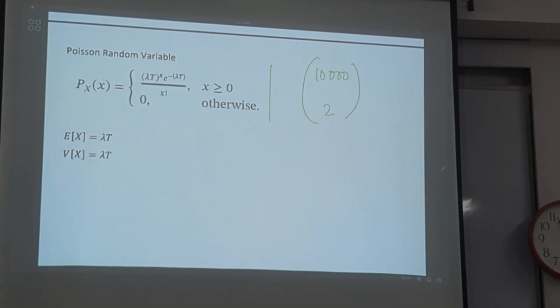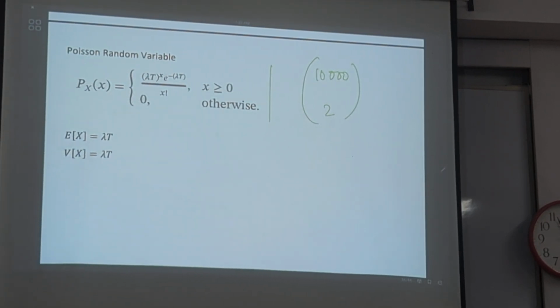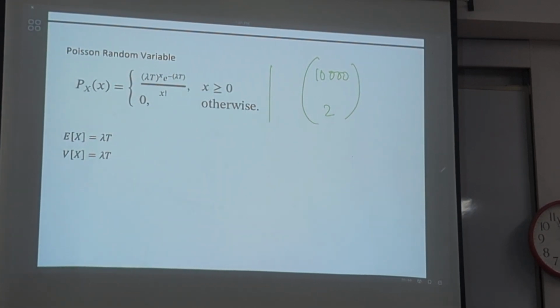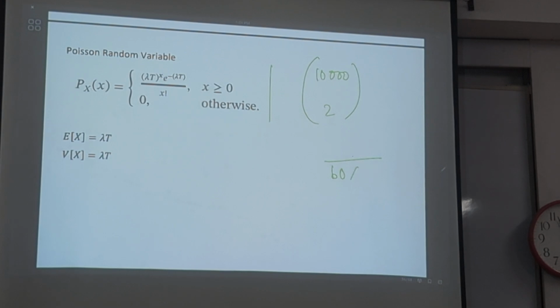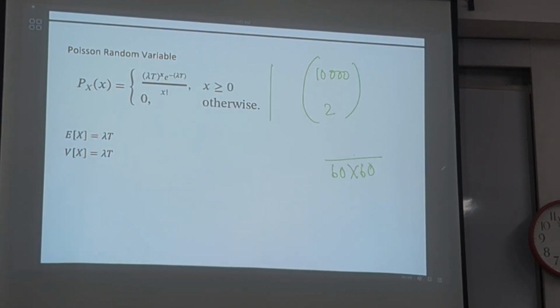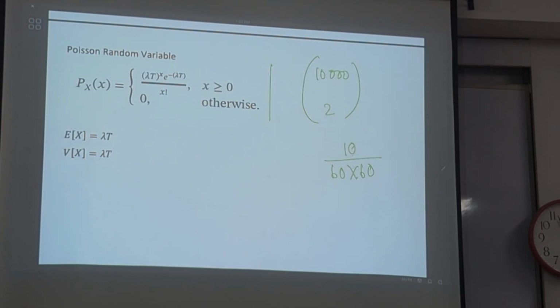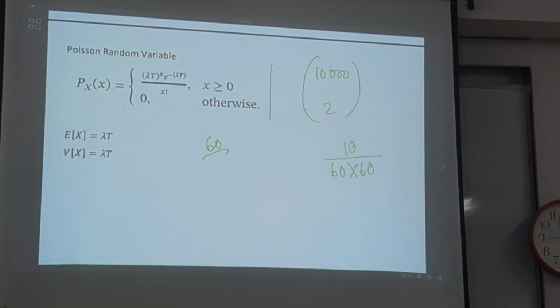10 divided by 60 times 60. Is this clear? In 1 hour there are 60 minutes, in 60 minutes there are 60 seconds each, and in 1 hour, on average 10 customers arrive. So what is the probability that in any split second there will be one customer in his shop? Now he wants to calculate the probability that in the next 60 seconds there will be one customer.